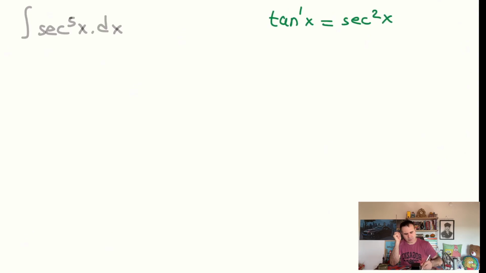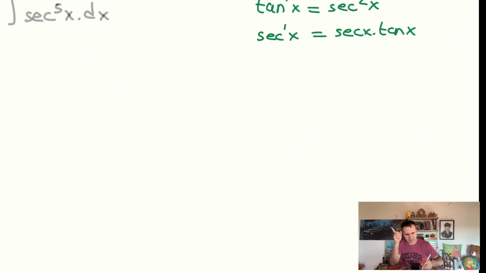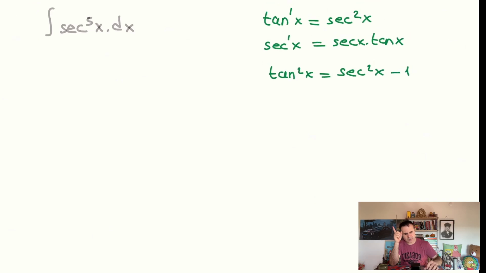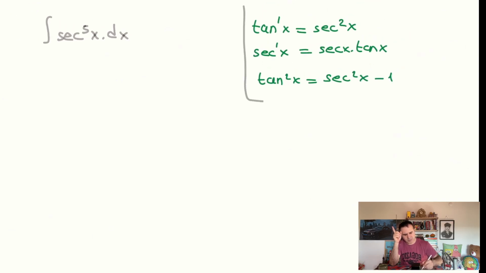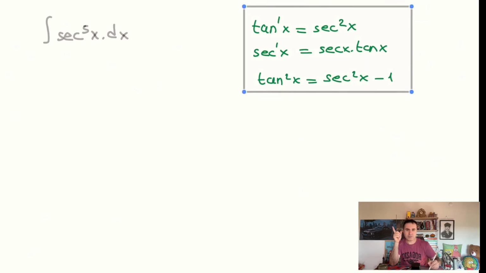And also you should remember that the derivative of secant x is equal to secant x times tangent x. And also you should know this equation: tangent square of x is equal to secant square of x minus 1. If you can't remember these equations, you cannot solve this problem.